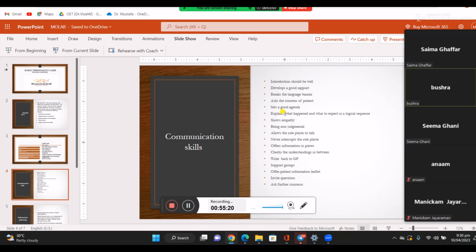Otherwise, empathy wise it was good, and you tried to avoid lay language, but at one point you used the word that this copper coil can cause perforation in the uterus. So instead of using perforation, you can say it can cause a hole in the womb. Am I clear, Bushra? Yes.